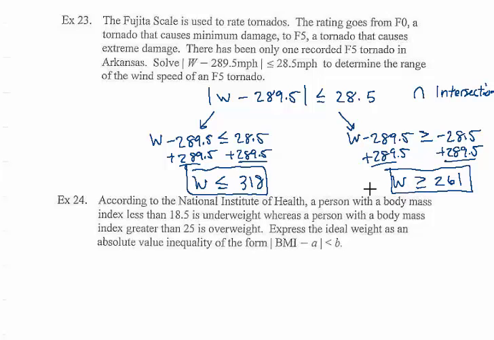Alright, so in other words, having the less than symbol, interpreting the two inequalities using the intersection conjunction, we have a band of wind speeds between 261 and 318, including the 261 and 318. They get solid dots because of the equal to dash. And so this is our range of speeds for an F5 tornado, between 261 miles an hour and 318.